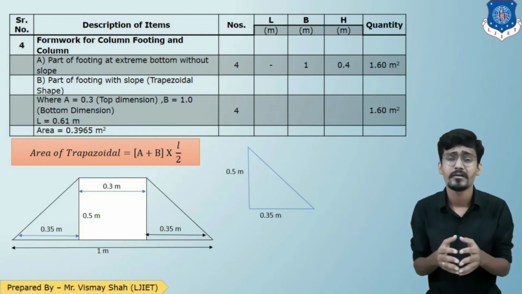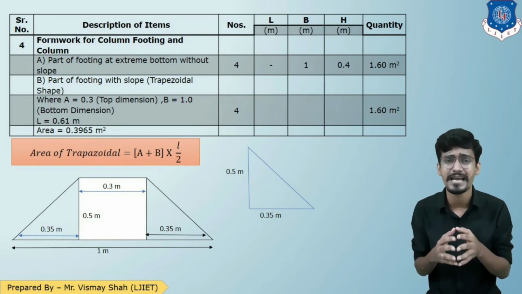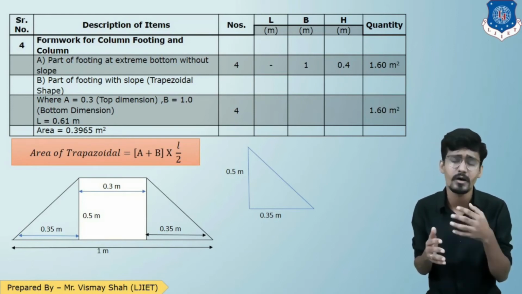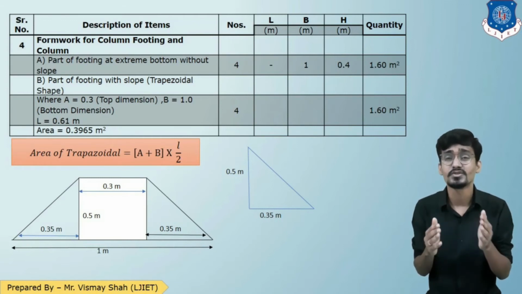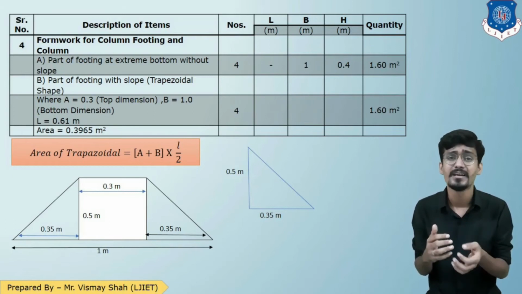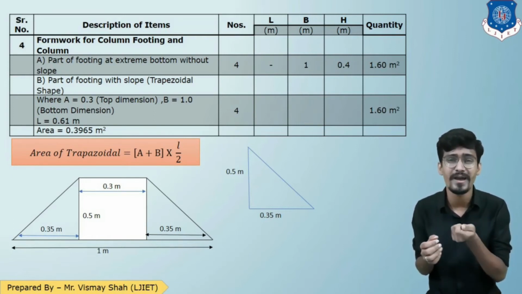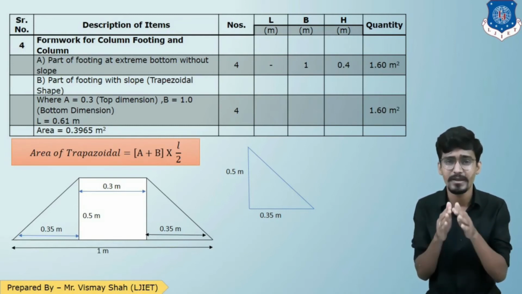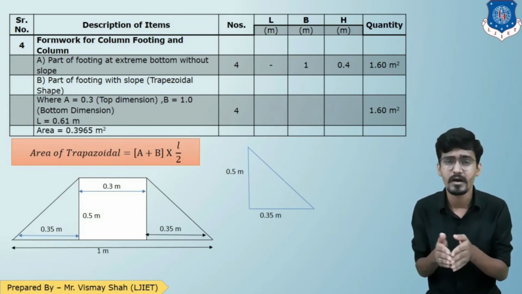But here we are calculating the formwork quantity as a standard practice. But in general real-time practice or in many sites, there is no formwork provided at the trapezoidal portion. Instead, the stiff or the hard concrete, the concrete having very low water ratio, is being poured at that portion, and it is being finished with the various finishing tools.